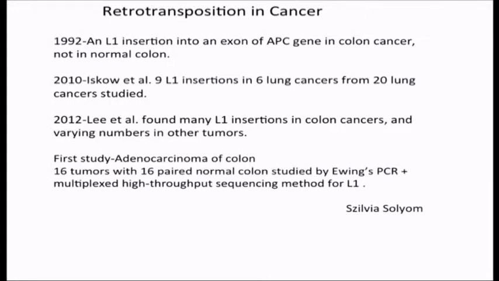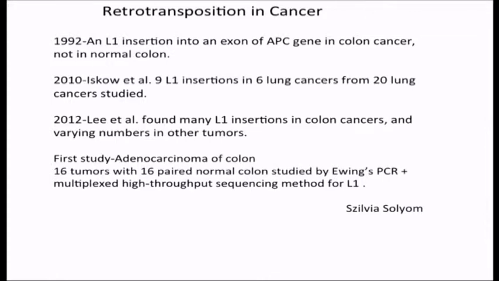In 2012, Lee et al. found many L1 insertions in colon cancers and varying numbers in other tumors. Actually, essentially nothing in brain tumors like glioblastoma and nothing in leukemias and lymphomas.